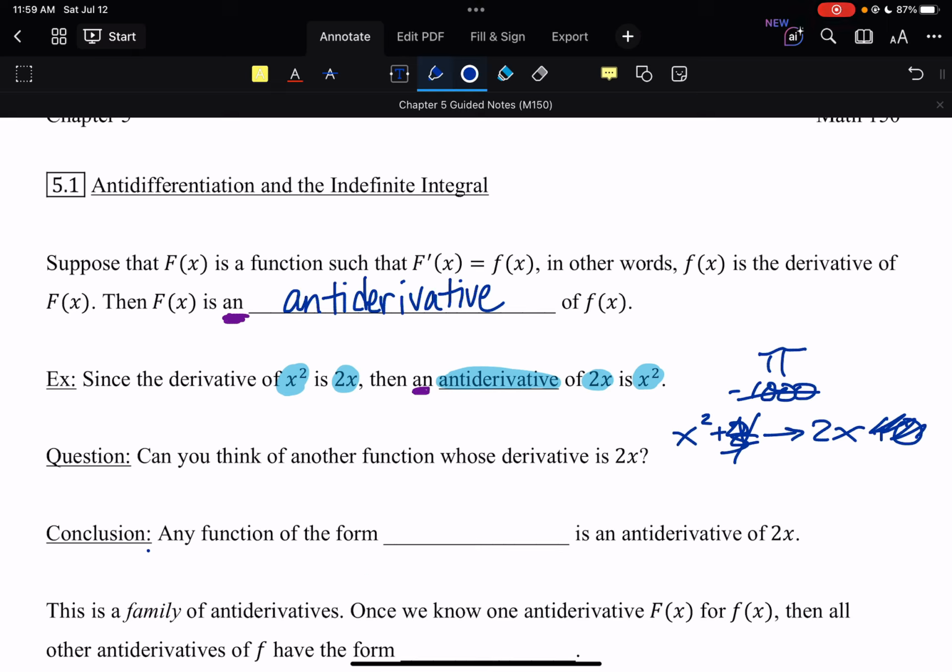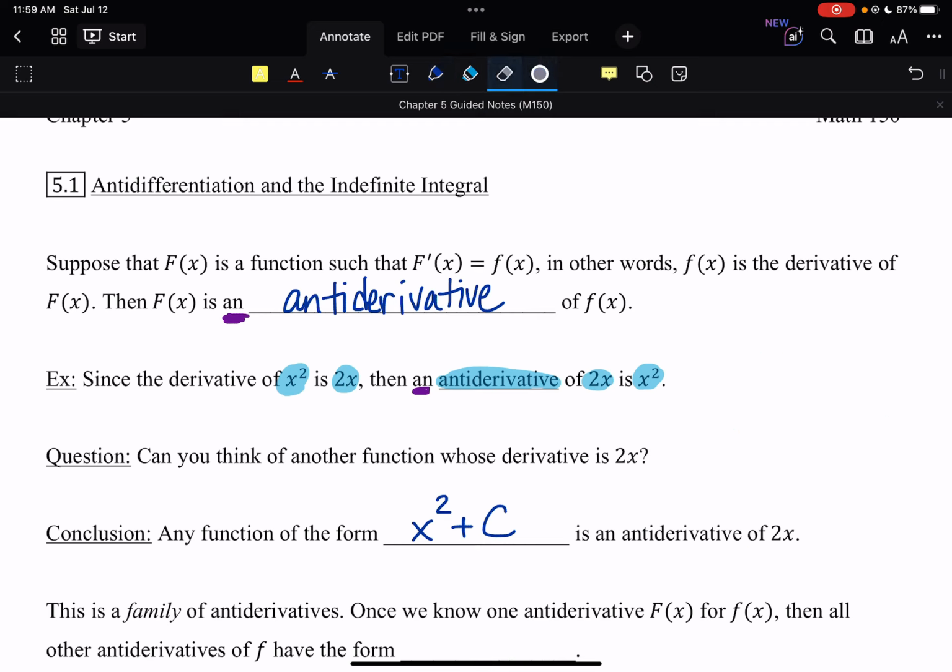So what we can say is that any function of the form x squared plus c is an antiderivative of 2x. Any function that has the x squared term plus that constant that we, again, don't know if it was there or not. The value of the plus c could be 0. There could be nothing there, but we don't know that. So better safe than sorry, we need to include this just in case there is a constant value there.